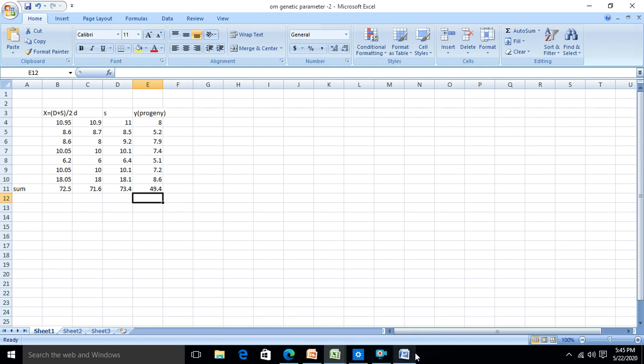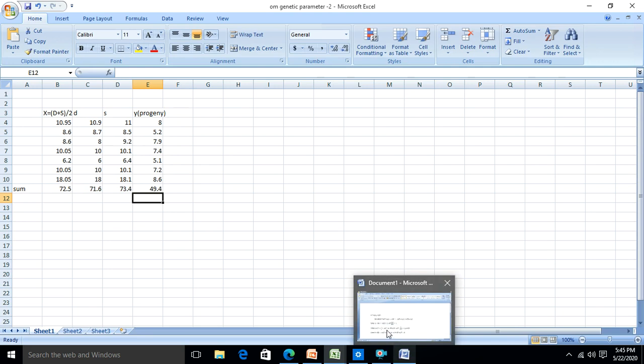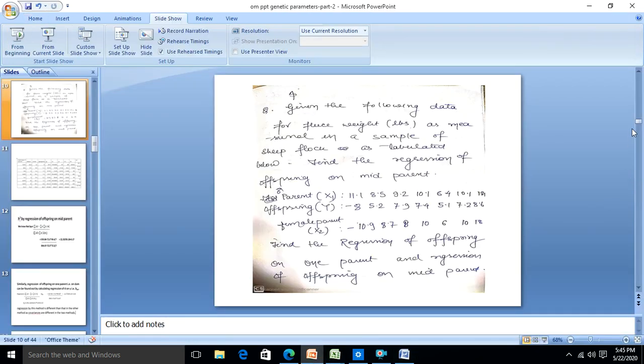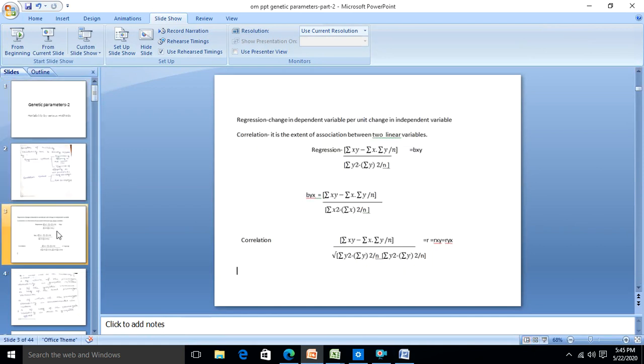Now let me tell you, the formulas for correlation and regression are in the first slide and second slide, where we had discussed regression and correlation. Regression, bxy and byx. Suppose y is the progeny and x is the mean of the parents. First, calculating regression of progeny by mid-parent method.